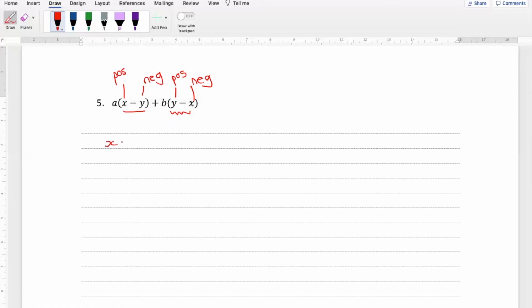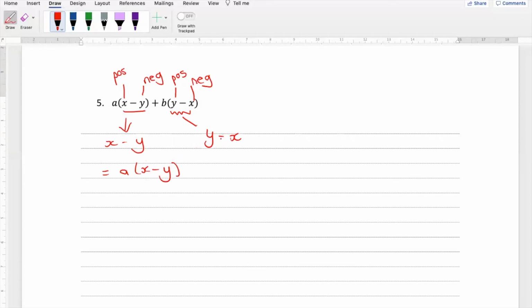At the moment, I have x minus y here, and I have y minus x over here. I need to try and find a way to change one of them. So what I like to do is I prefer to change the second bracket. So I'm going to say a times (x minus y), leave that first bit the same.